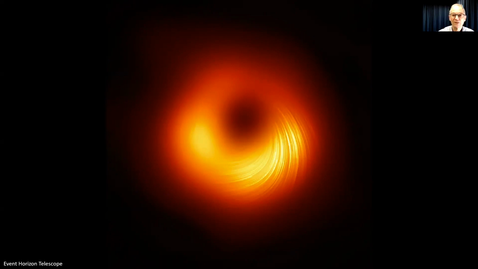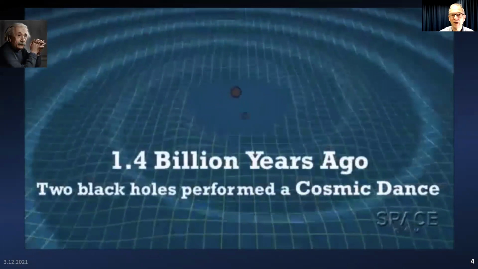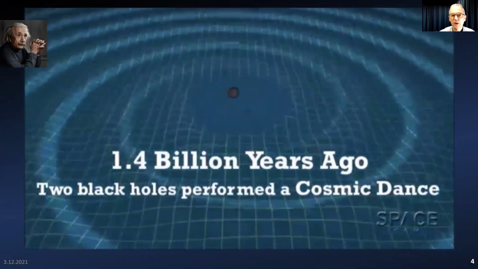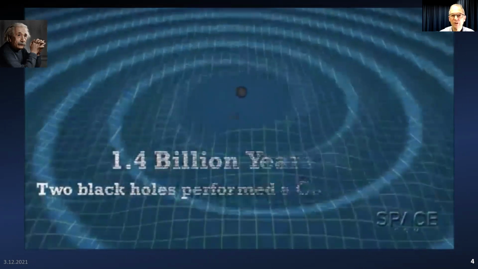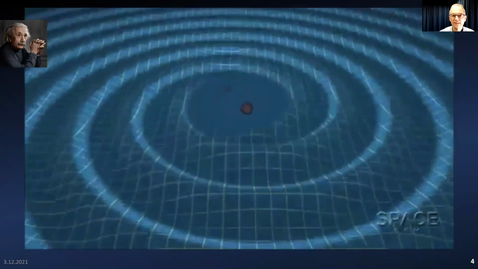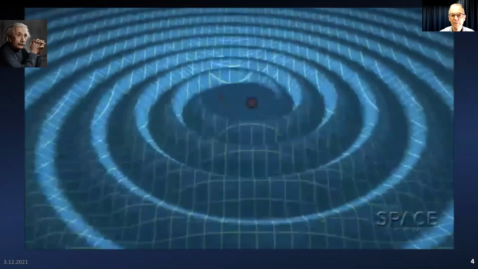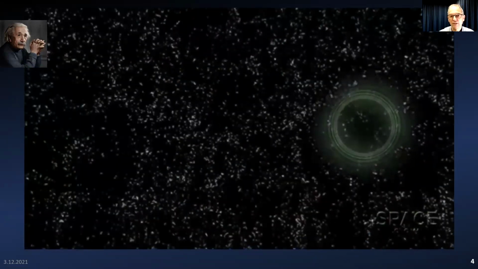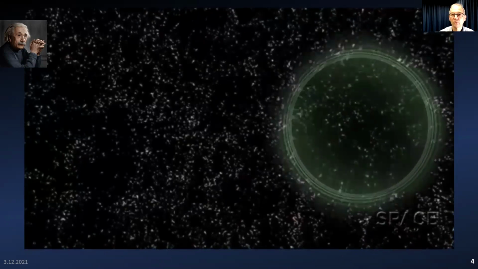Also, the Einstein Telescope looks at black holes, but in a slightly different way. We're looking at black holes that are spiraling around each other in double star systems. If they spiral around each other, they periodically disturb space and time. They shorten and lengthen space components. And this periodic change travels out from the source through the universe.